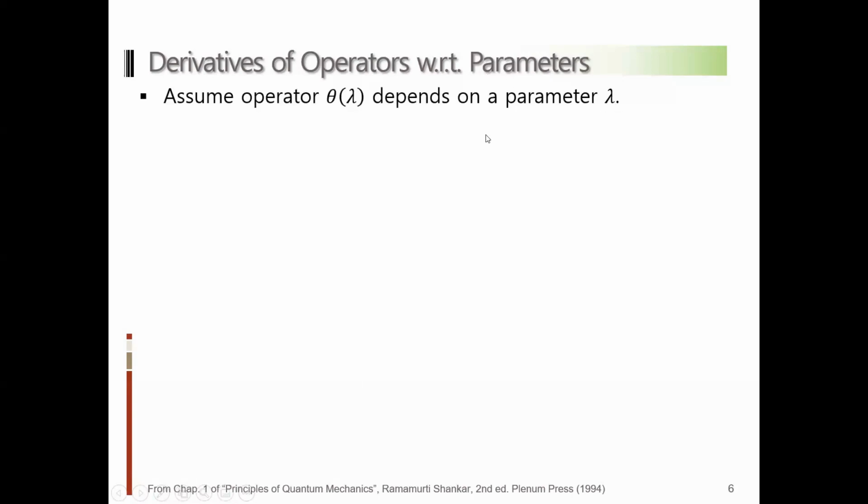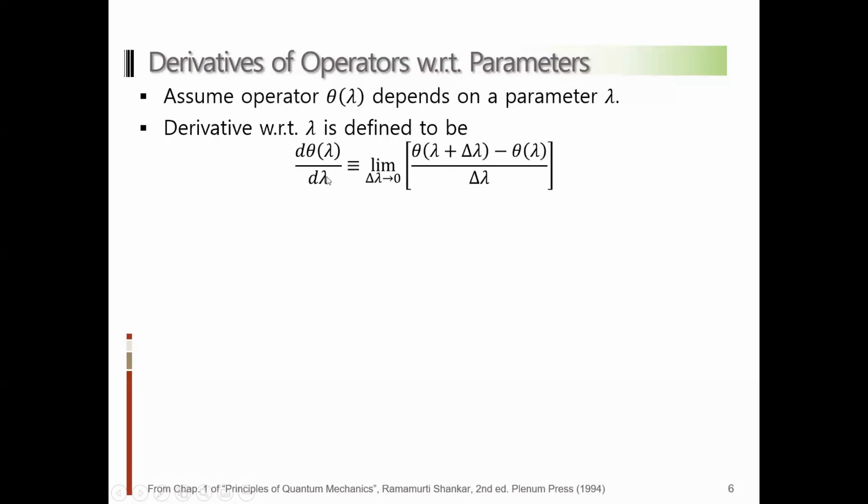Well, mathematically, you might say that it is not well defined. So why don't we just define it? My definition, or not only my definition, but the general definition of this derivative of operator with respect to the lambda will be in this form, which is the generalized form of the scalar function.